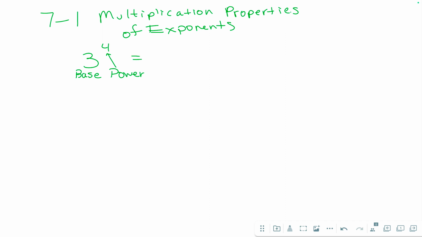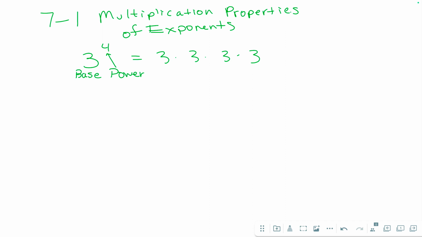Now, how would I expand 3 to the 4th? What is another way that I could write it? And notice, I'm not evaluating it. Go ahead. That'd be 3 times 3 times 3 times 3. Okay. If you understand how to expand exponents, you could do every single one of these problems without remembering what the property is.